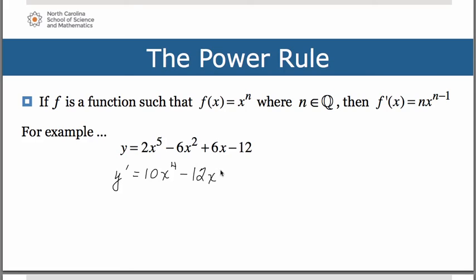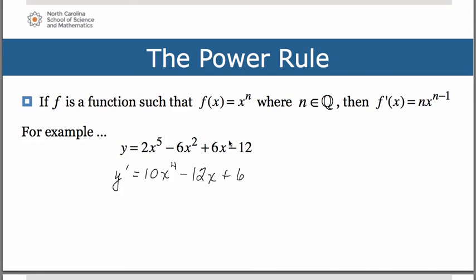If you like to write in the 1 exponent, please do feel free, you might find it helpful for a little while. Plus, now remember the exponent on this linear term, the x, is simply 1, so you have 6 times 1, so that's simply 6.